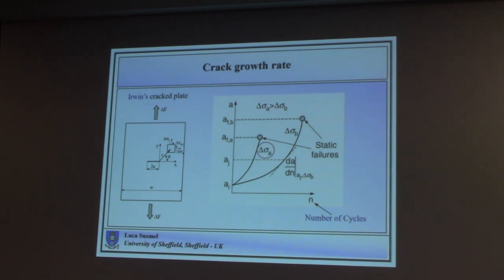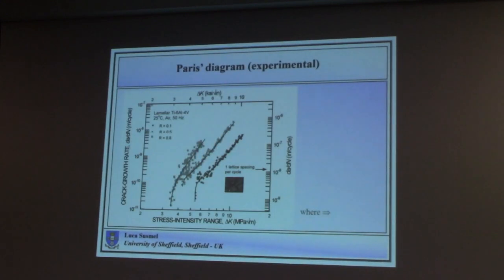If this is clear, we can then plot our results in a crack growth rate versus stress intensity range graph. And if we did that for our material, we would get results like this one, where the curves we know have got this kind of common standard profile, an inclined straight line here, and a kind of vertical asymptotic line here.